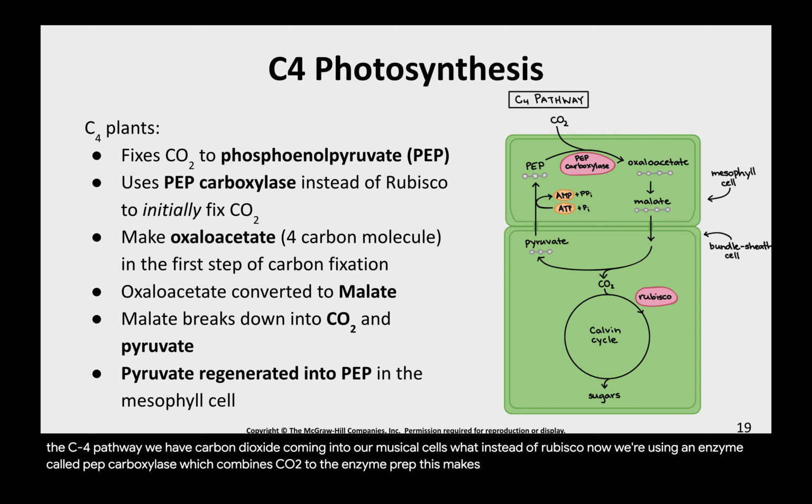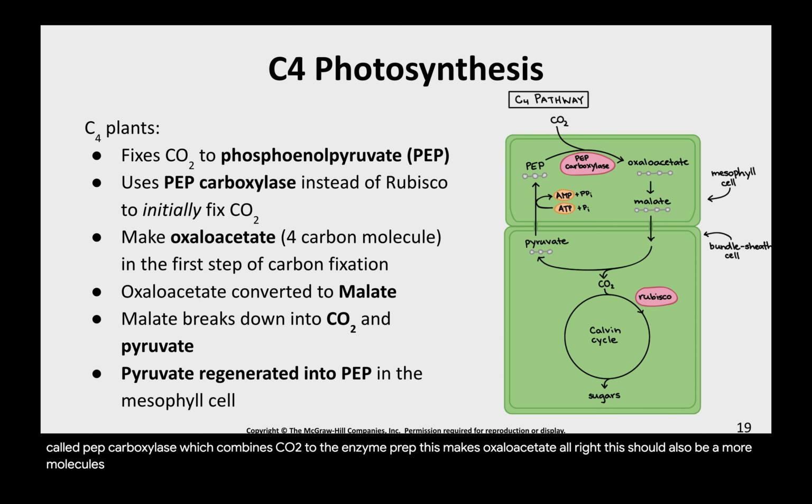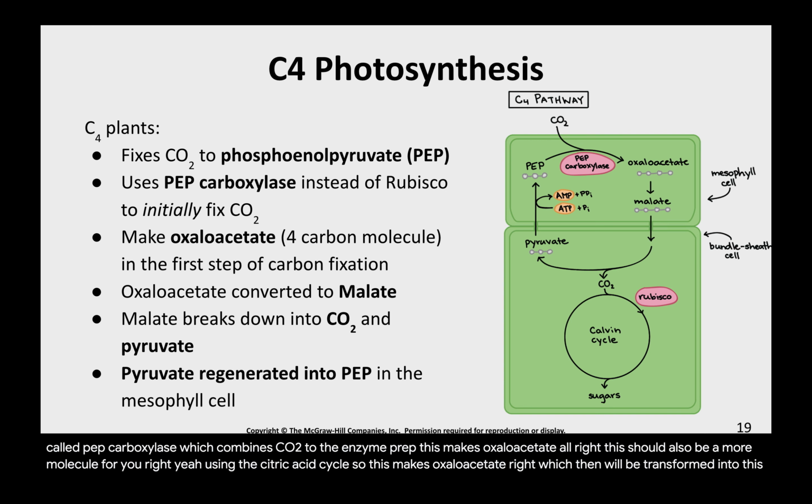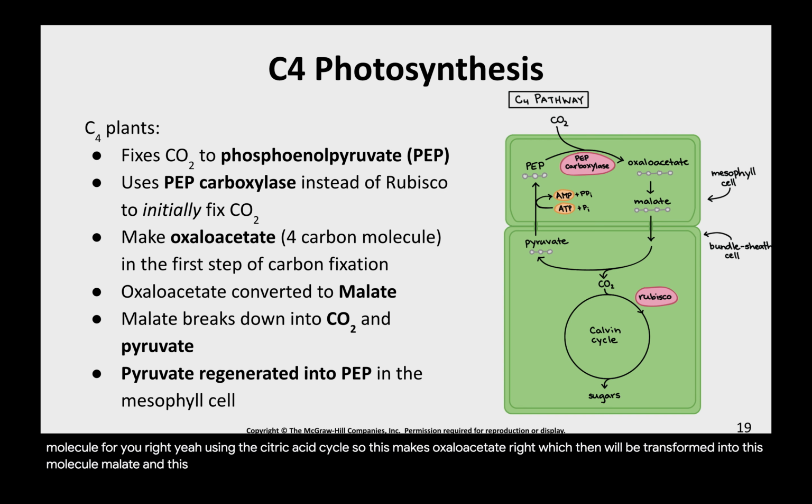This makes oxaloacetate. This should also be a familiar molecule for you, used in the citric acid cycle. So this makes oxaloacetate, which then will be transformed into the molecule malate. And this is all happening in our mesophyll cells.